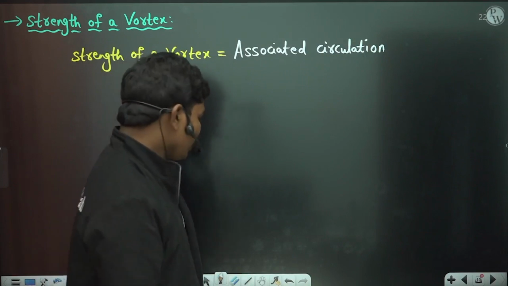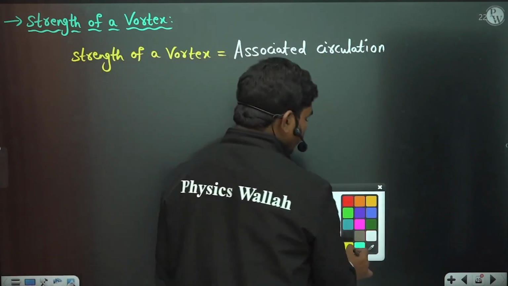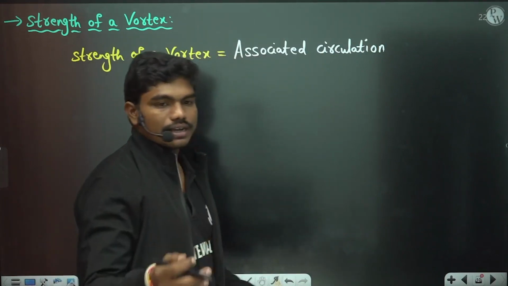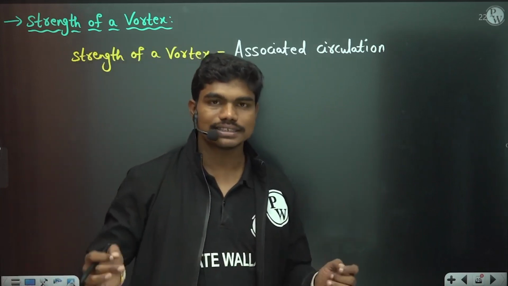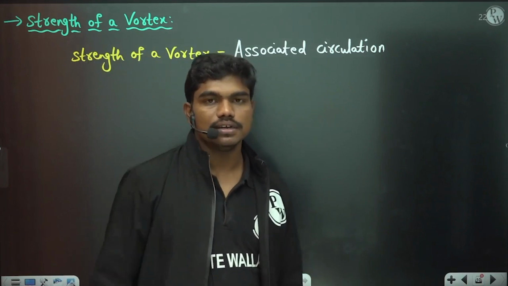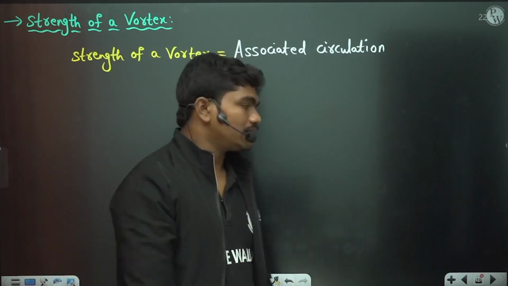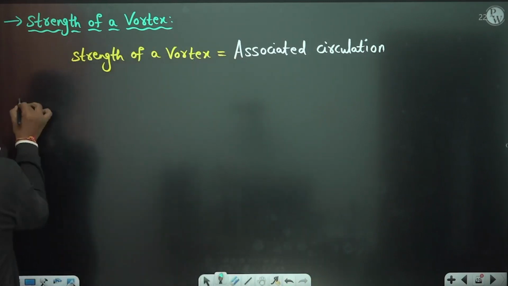That's what you have to do. Look, circulation is nothing but, let us suppose along some length, if there is some flow, then along that certain length, what is the effect of velocity on that particular area?